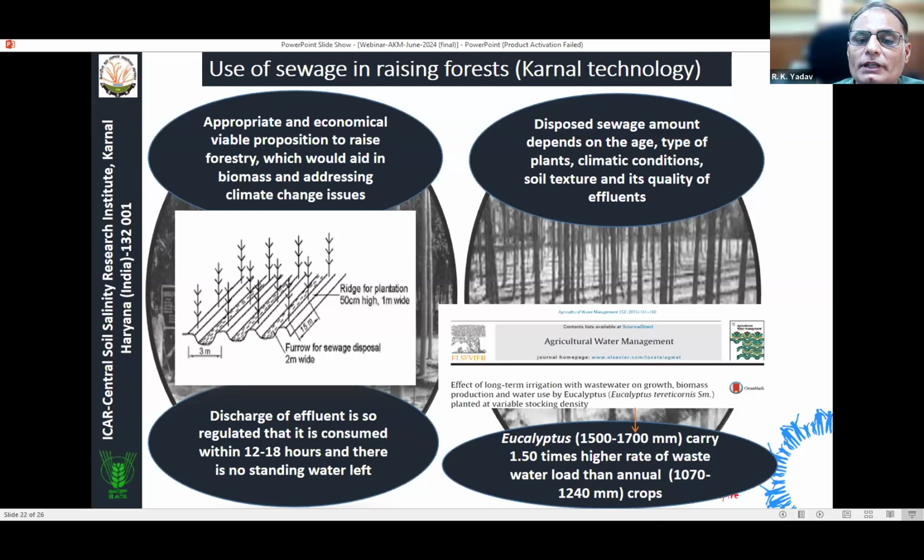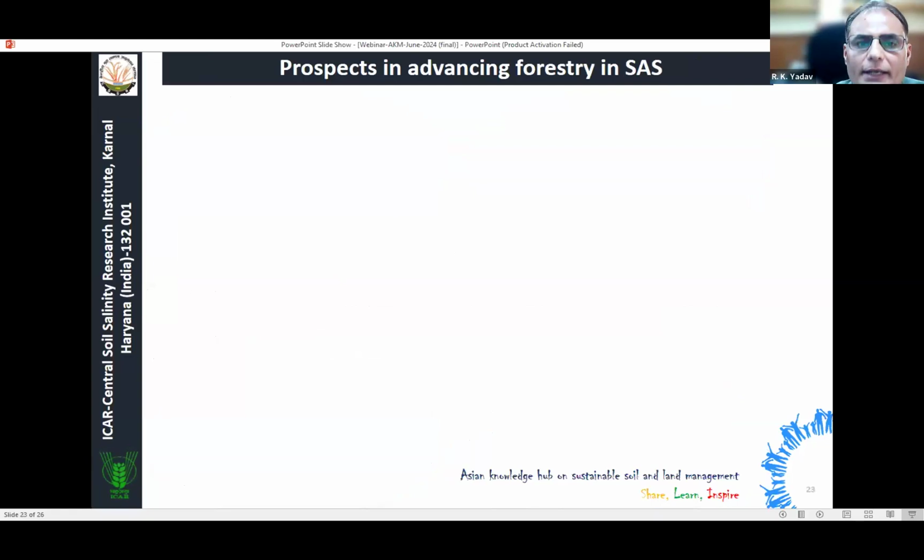And here we can find out that eucalyptus has the capability to transpire 1.5 times higher as compared to annual crops. And when we compare it with open pan evaporation, then it is about 0.9 or 0.95 higher rate of transpiration. So we can say that it is a good technique to address certain environmental issues also. And on the other hand, we can meet the industrial raw material demand.